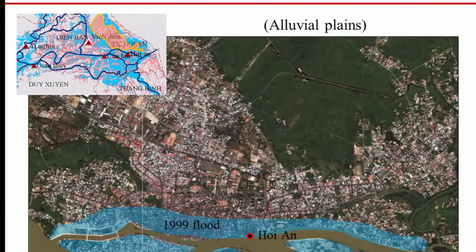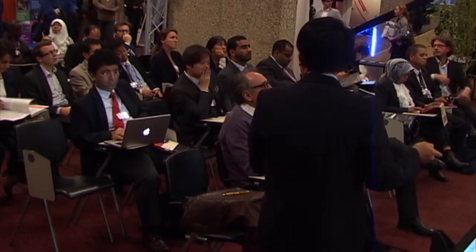this is showing you the flooded area caused by the 1999 flood, the most serious flood in the past. We can see that only the riparian, the riverine area was flooded.